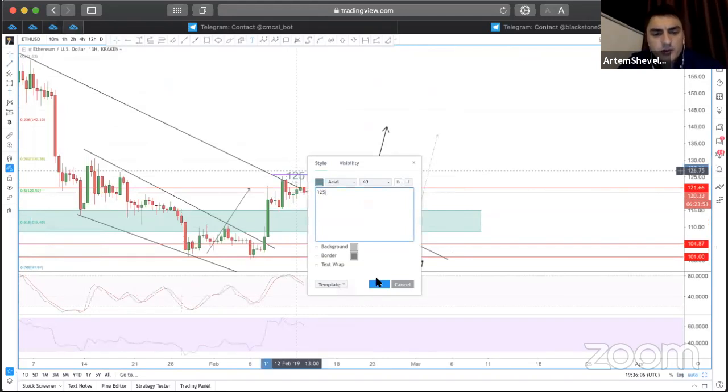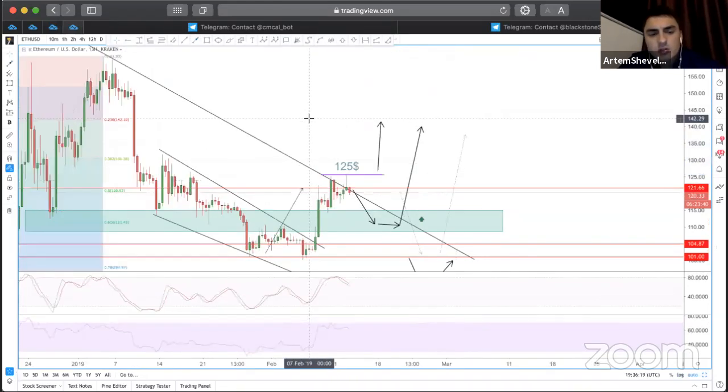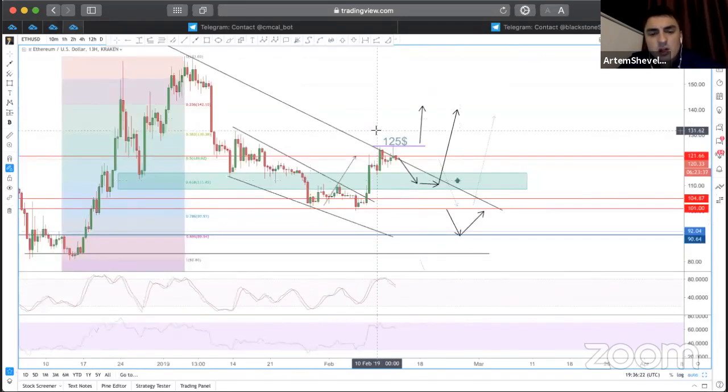I don't really believe it could happen in these days. But if you break this area, then okay, bullish. So 125, track this number.